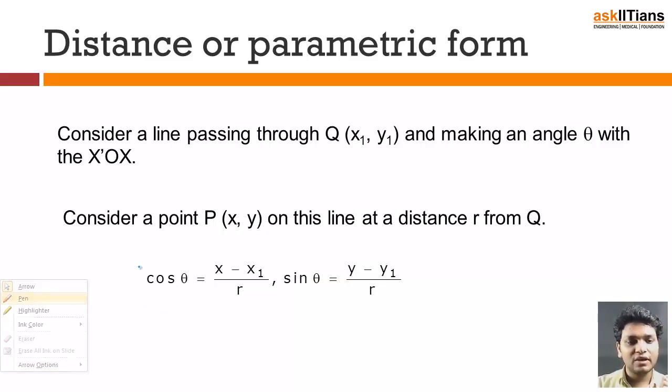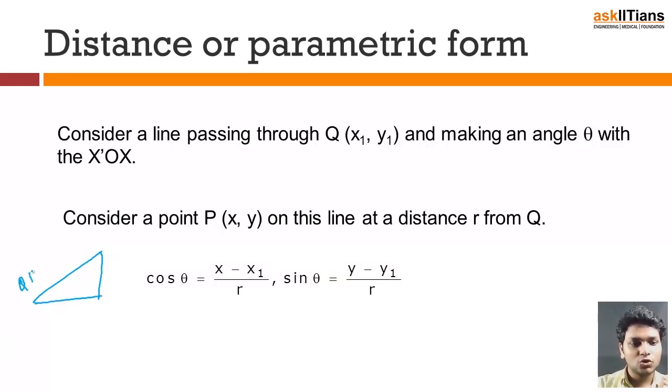The triangle that we have generated was this, right? So this was the point Q, x1, y1. This was the point P, x and y. This was nothing but y minus y1. The x part was x minus x1. This was theta and this was r as provided in the question.